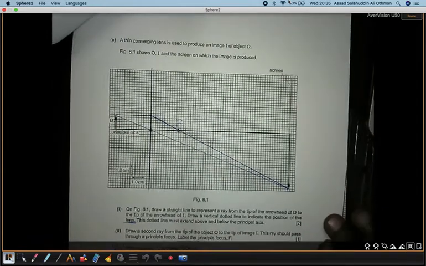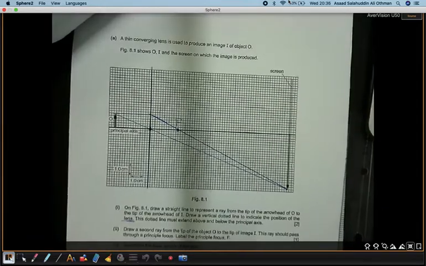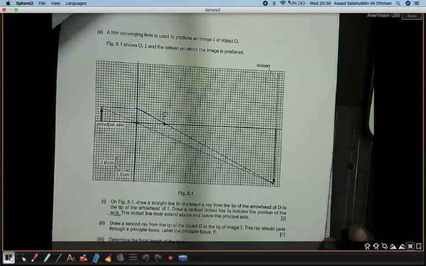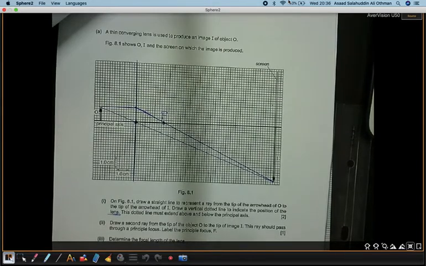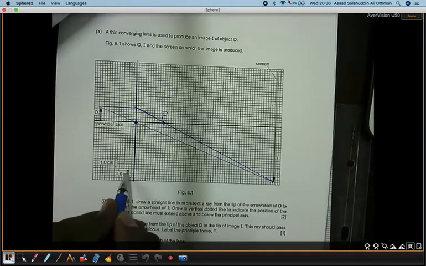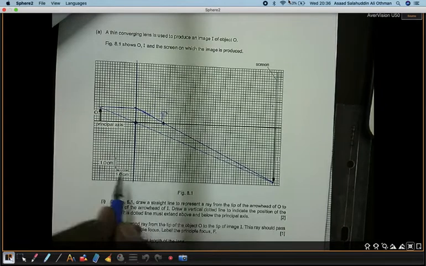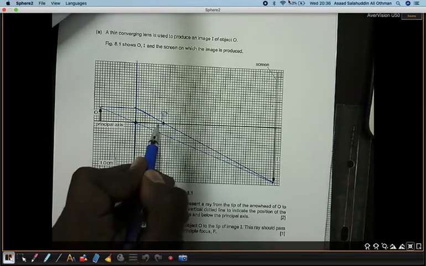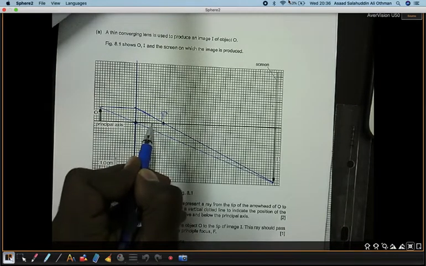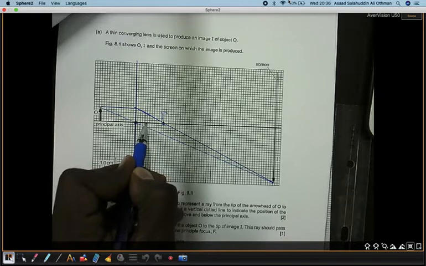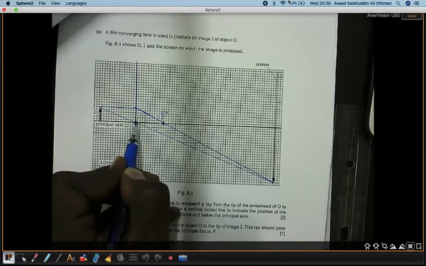I don't know if you can see that properly, but I'm going to do this. Maybe it can indicate things a little bit clearer. Now, if I want the focal length, I'm going to use this: 1, 2, 3, 4, 5 is 1 centimeter. 1, 2, 3, 4, 5, 2 centimeters. 1, 2, 3.